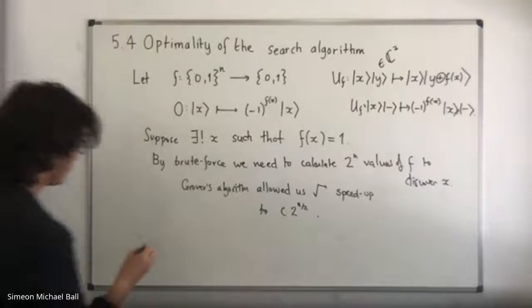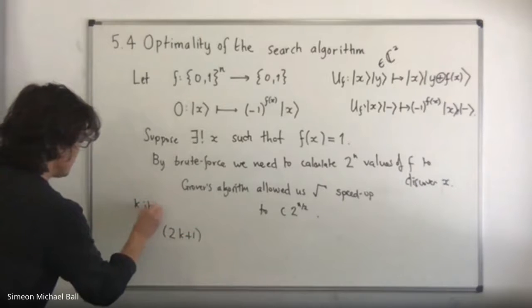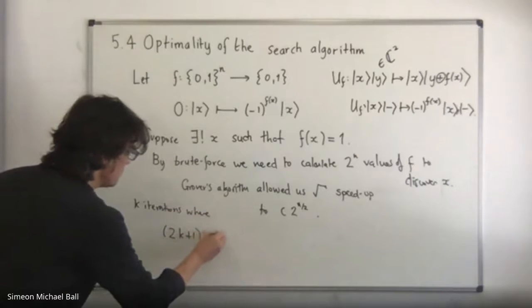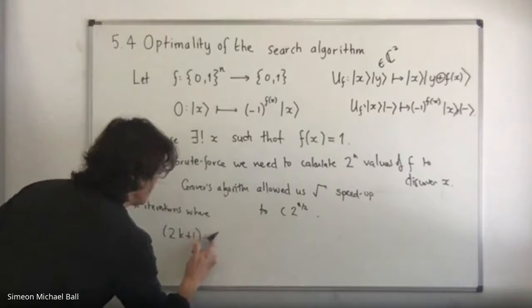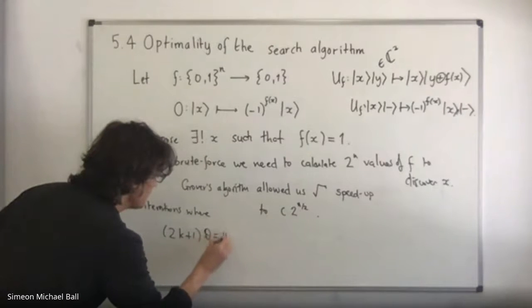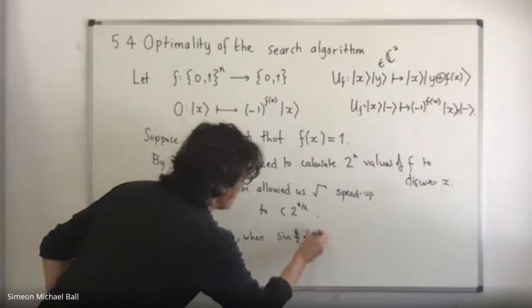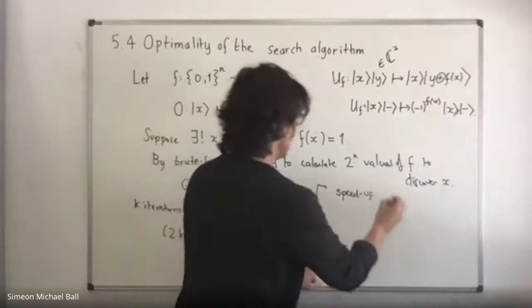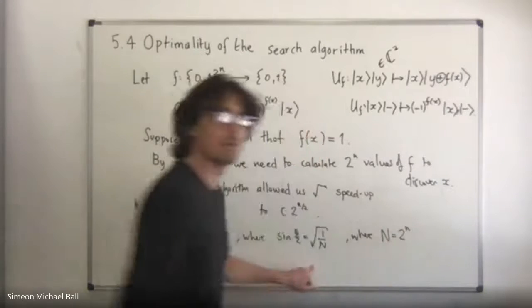Explicitly in this case, it was k iterations where (2k+1)θ/2 was equal to π, where sin(θ/2) was, in this case, the square root of 1 divided by N. So this N in here is always going to be the 2^n.